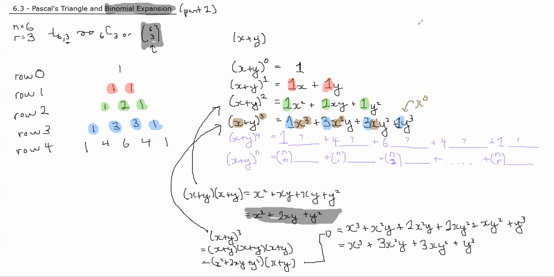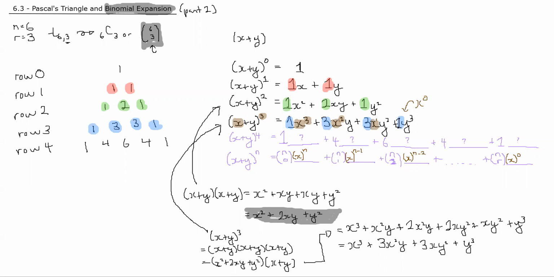Okay? So it would be whatever the first term is to the power of the row number. And then this one would be 1 less than that, and then this one 1 less than that, and so on until this would be x to the power of 0, which of course doesn't exist.